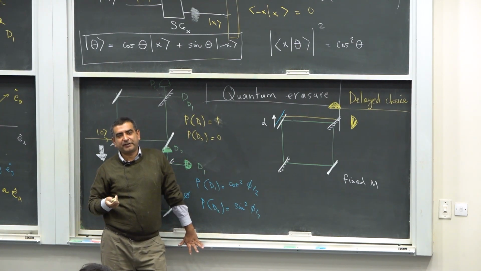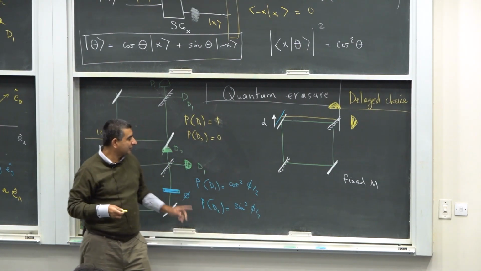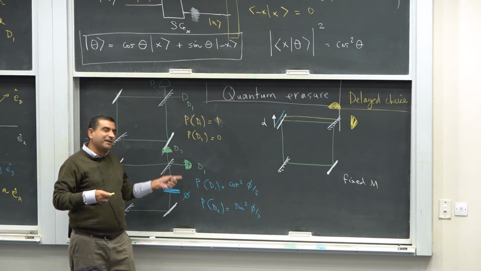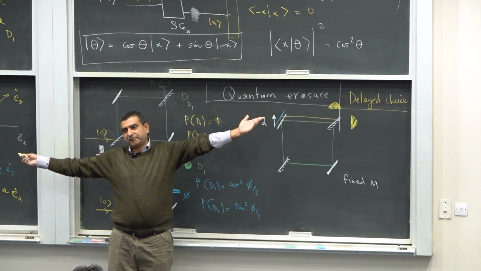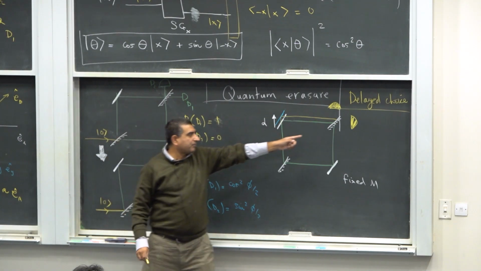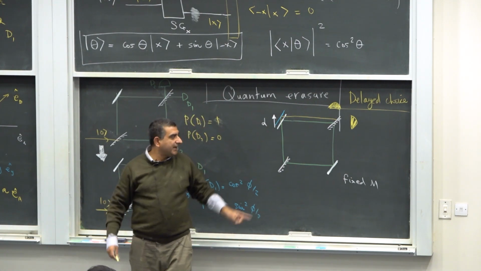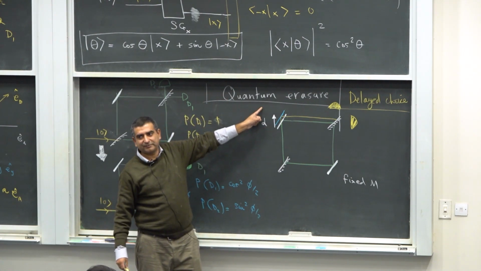So why do we get interference? We get interference because of the difference in path lengths. So you can achieve the same effect by displacing one of the mirrors. So far so good. The probability that each detector clicks will change if this path length changes.